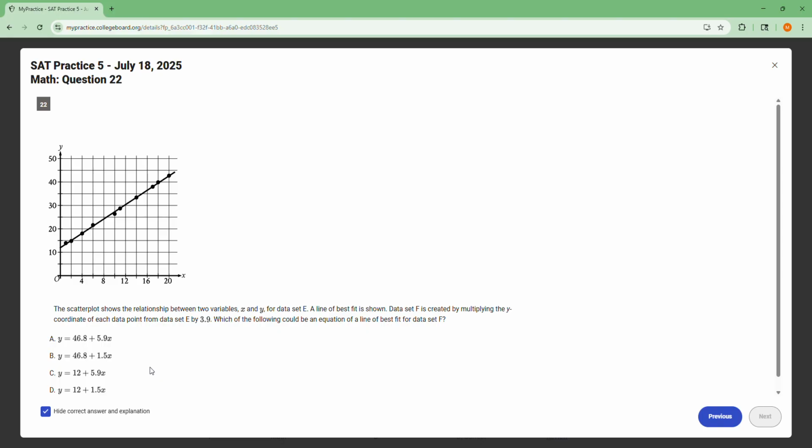You should do some math to calculate what the approximate slope is. B is the second best answer.